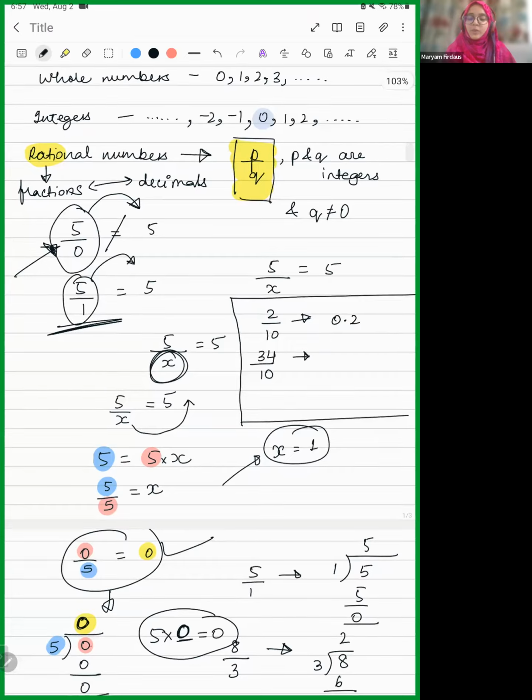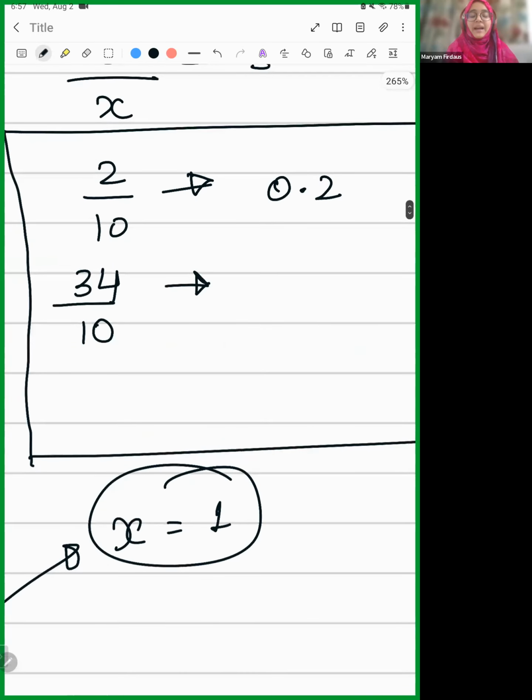See, what you do when you have any number divided by 10 is you count the number of zeros in the denominator. How many zeros do we have? We have 1 zero. So if you have a number 34, the point is over here.